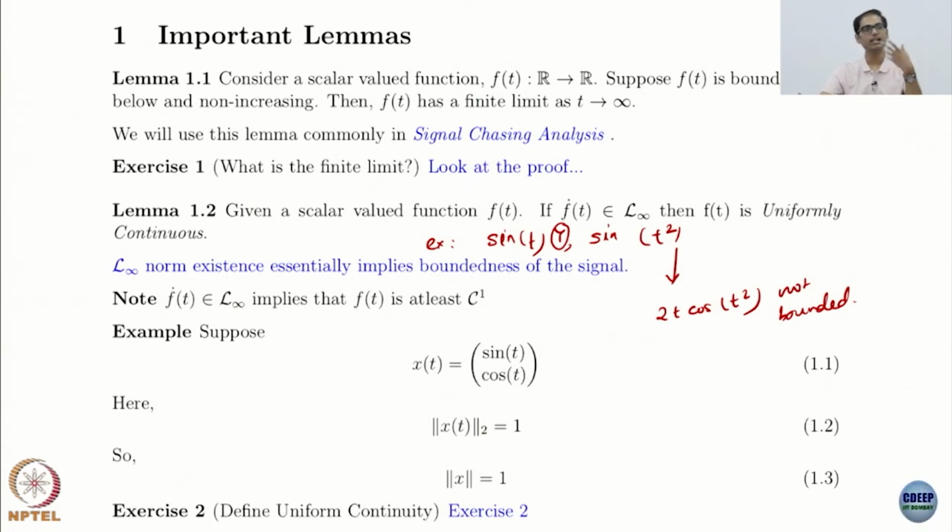In uniform continuity, the delta does not depend on t. Anyway, go back and look at the definition of uniform continuity. This is basically just a test. Sin t squared does not satisfy the test. Sin t satisfies the test.